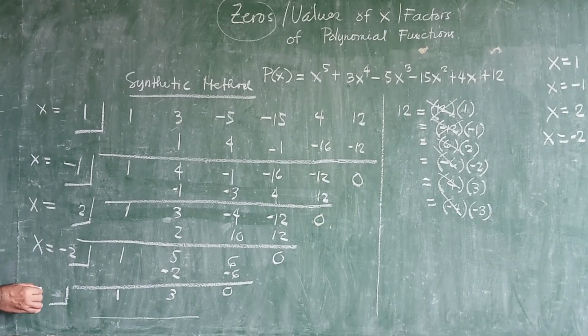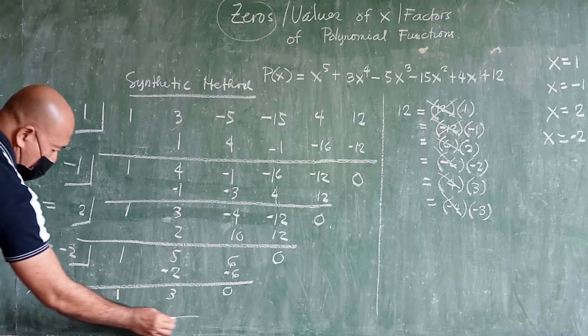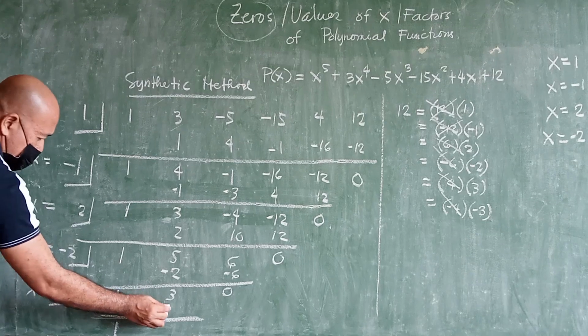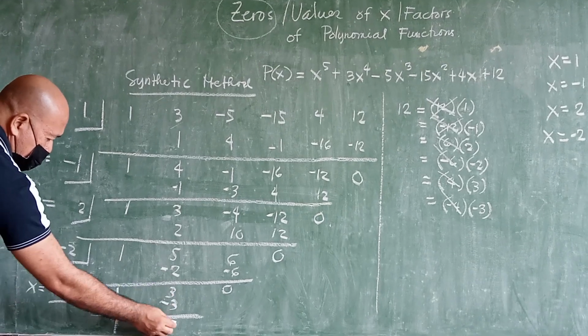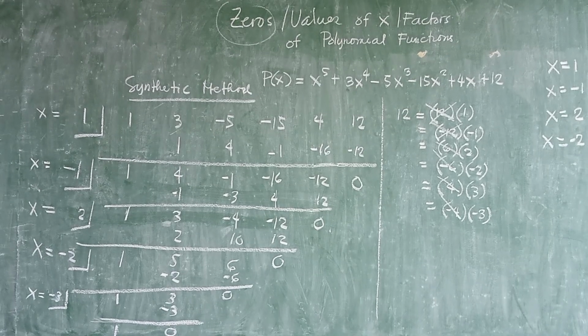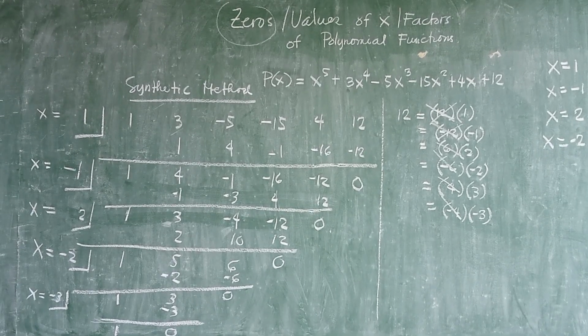And you may use this time negative 3. And then the same, bring down 1, you have 1 times negative 3, that is negative 3. So when you add that, the sum is equal to 0. So therefore, the last value of x for that given polynomial is negative 3.